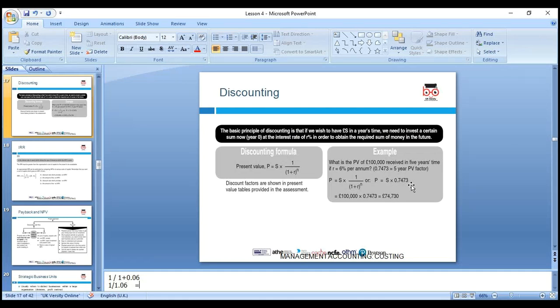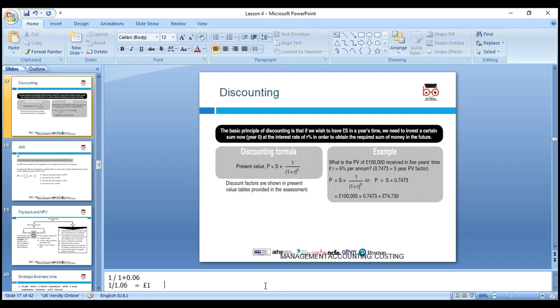It means the pound you have now, in 5 years' time, if somebody gives you 1 pound after 5 years, will be equivalent to about 74 pence. After 5 years it will be 0.74.